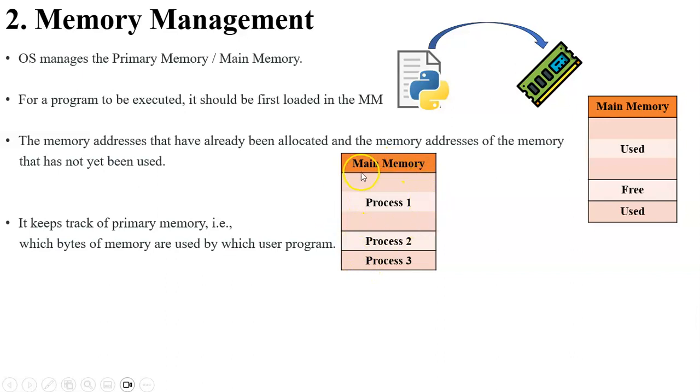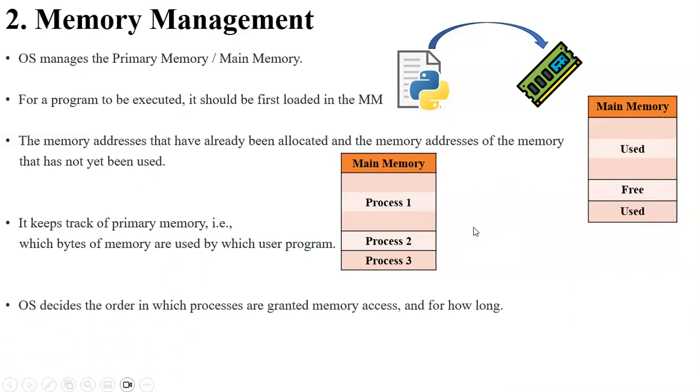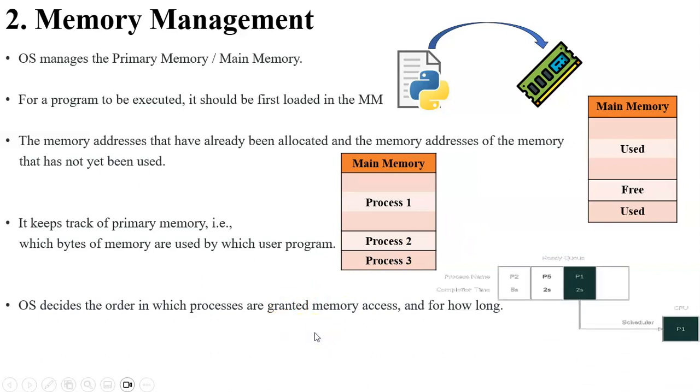This much part is utilized by P1, this much space in the main memory is utilized by P2, and this much is utilized by P3. This tracking of which process is using how much space of the main memory is also kept by memory management. Then the OS decides the order in which processes are granted memory access and for how long.